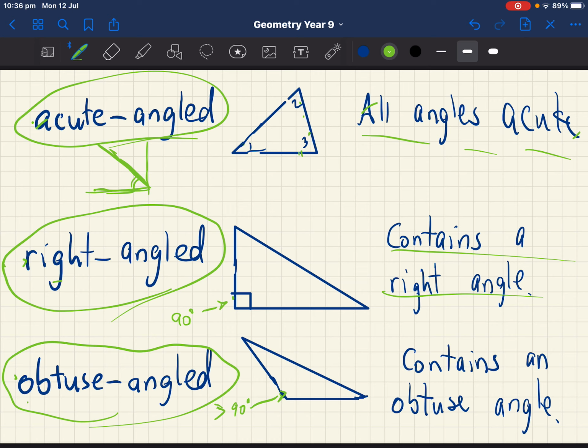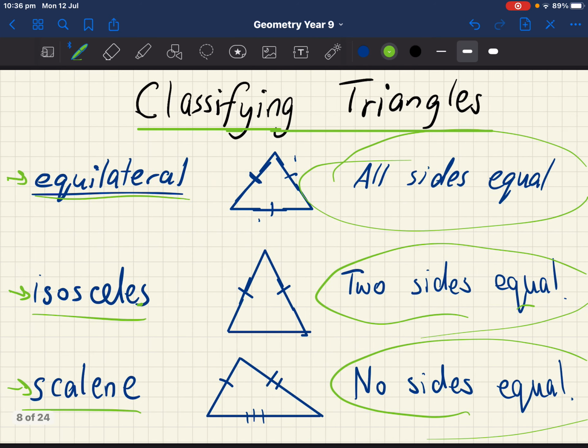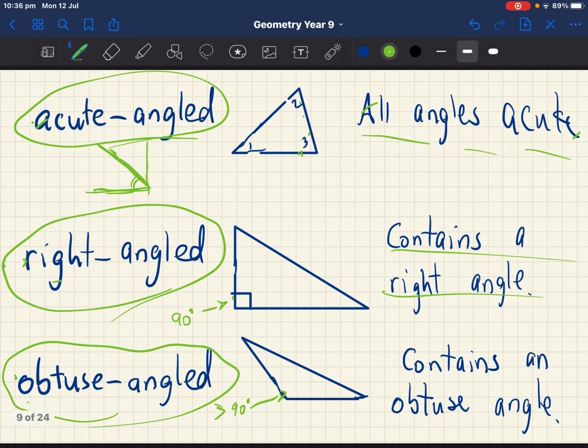So any triangle that is ever given to you has actually 2 different classifications. One classification based on how many sides are equal, and one classification based on the types of angles that it has.